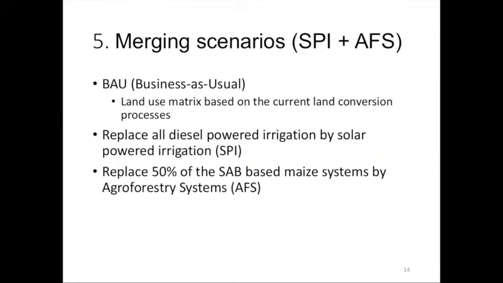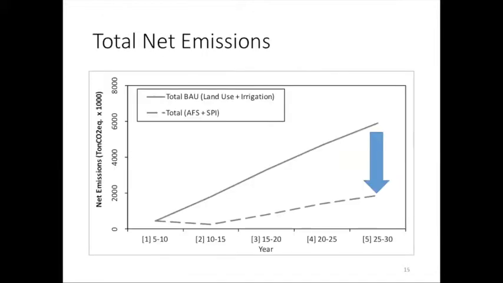And last, we include the combined scenarios, which include the solar power replacement plus the agroforestry system. Based on our calculations, this will bring an additional dimension compared to just considering the replacement of the irrigation schemes, or just replacing the traditional agricultural systems.